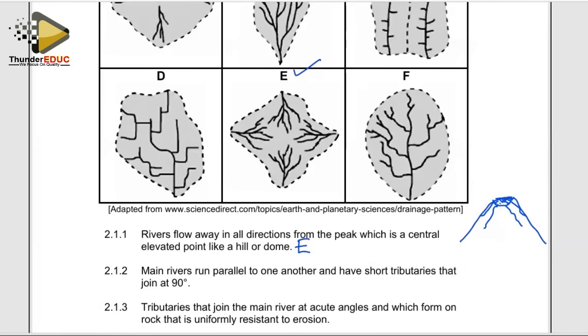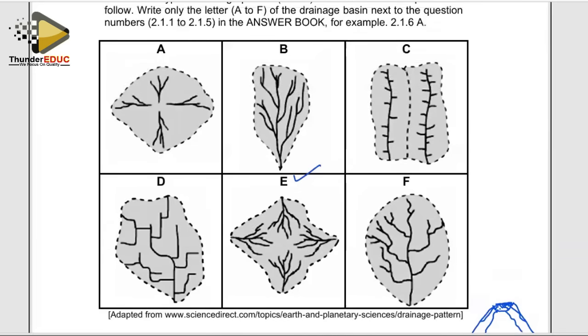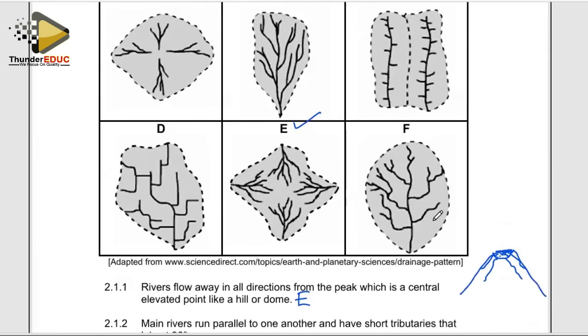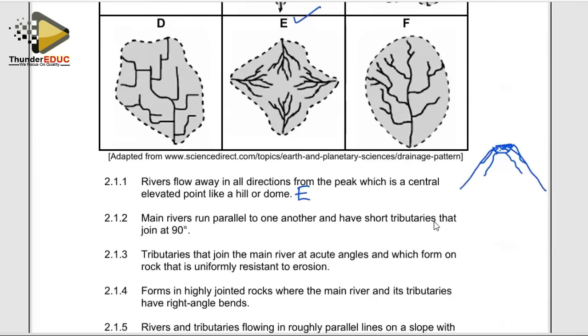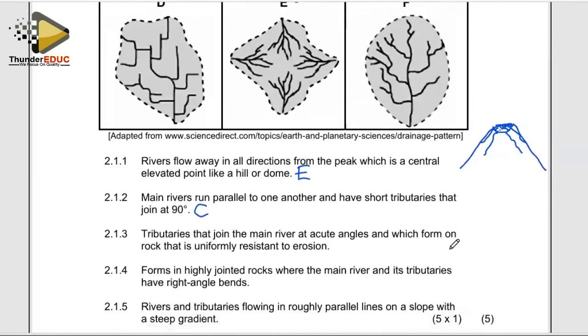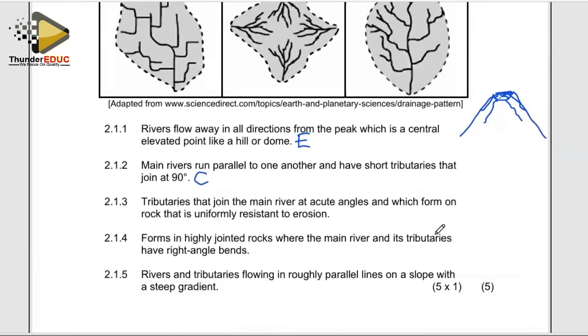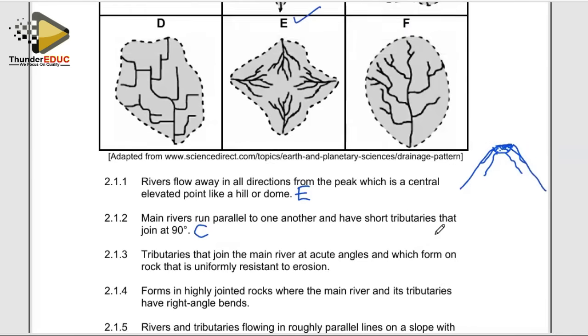Main rivers run parallel to each other and have short tributaries that join at 90-degree angles. If we try to look and analyze, we can actually see that it's describing this kind of drainage pattern, which is trellis. So it's C. Tributaries that join the main river at acute angles and which form on rocks that are uniformly resistant.